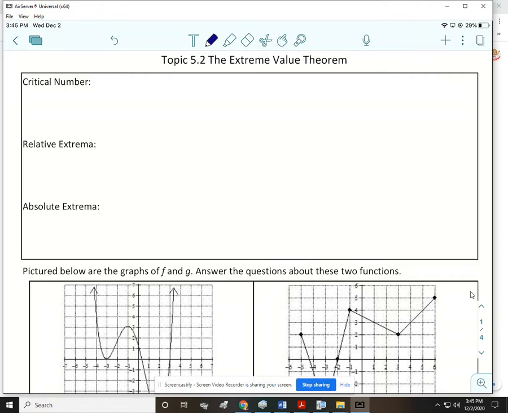So anyway, before I have you guys do the next two tables on your own, let's talk about what some words mean. So a critical number is something you're going to hear a lot for a while.